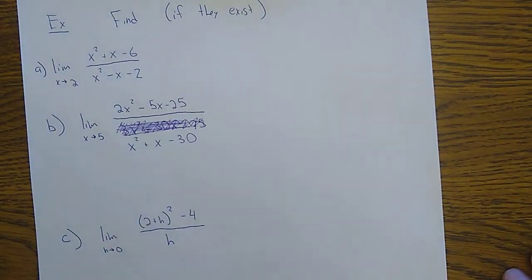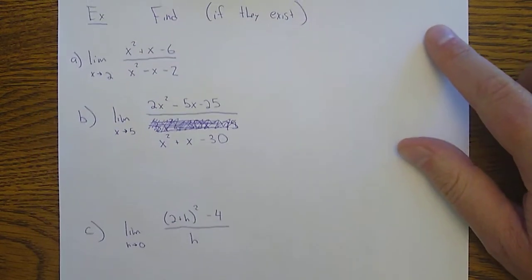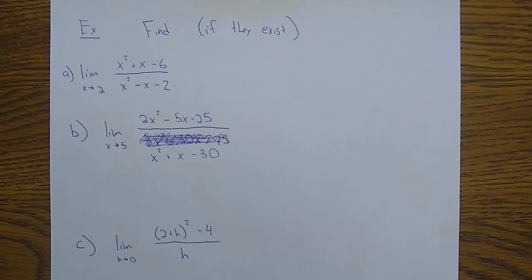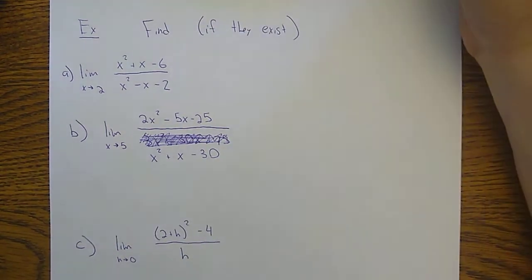So what now? Maybe, yeah. Let's talk about these. So these are just more limits, and they look very similar to what we just did. This is an elementary function.